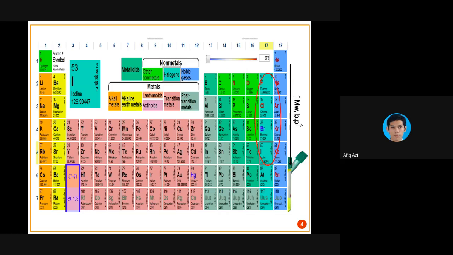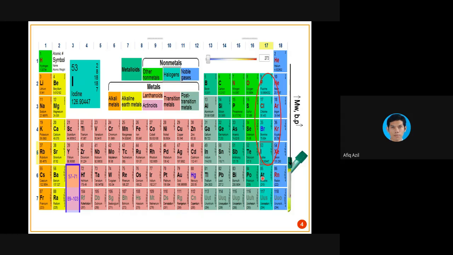So this is the periodic table. Group 17 is the second last group. Everything in group 17 is known as halogen. You have fluorine, chlorine, bromine, iodine, the first four, and then you have astatine and uh, ununseptium.